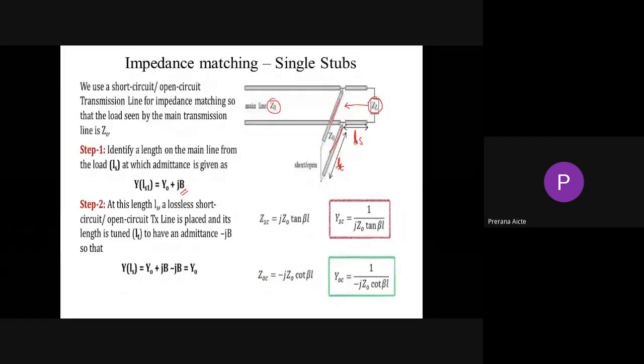Now, the admittance is Y equals Y naught plus jB, where Y naught is the output admittance.